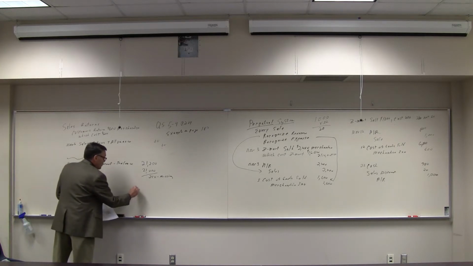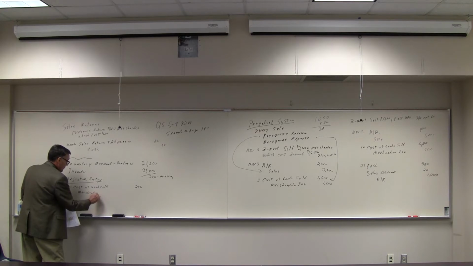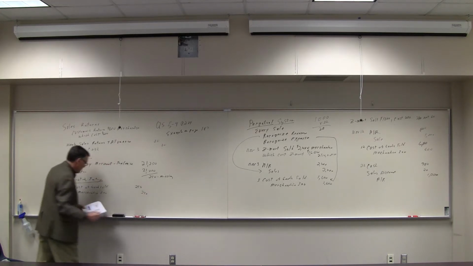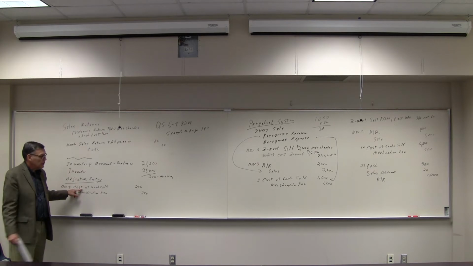And that'll be debited for $250. And then merchandise inventory will be credited for $250. So now the asset will be lessened by the amount that's gone, and the amount that was pilfered shows up as an expense, and the expense account is the cost of goods sold.